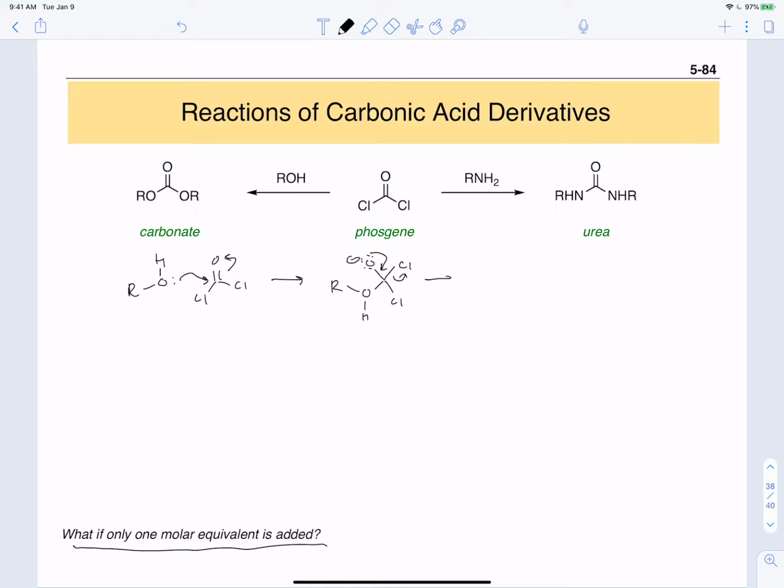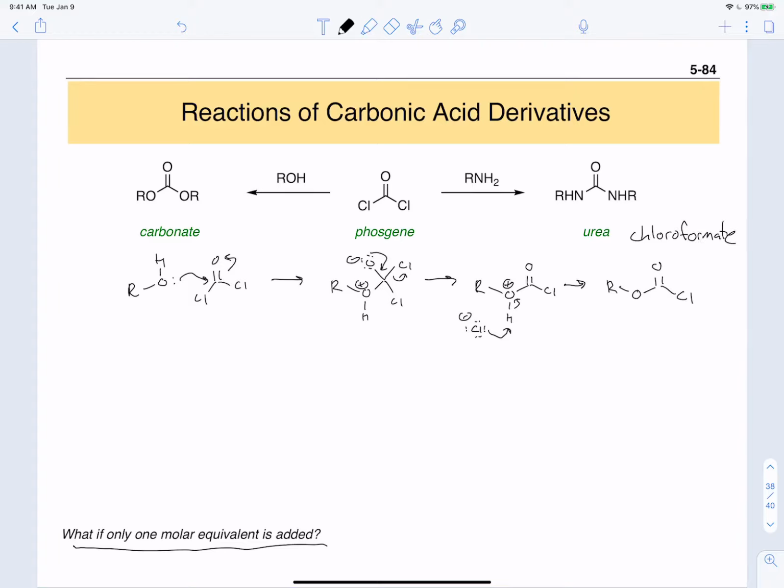We'll have chloride leave. Keep track of my formal charges. We make a single addition intermediate. This is actually called a chloroformate.